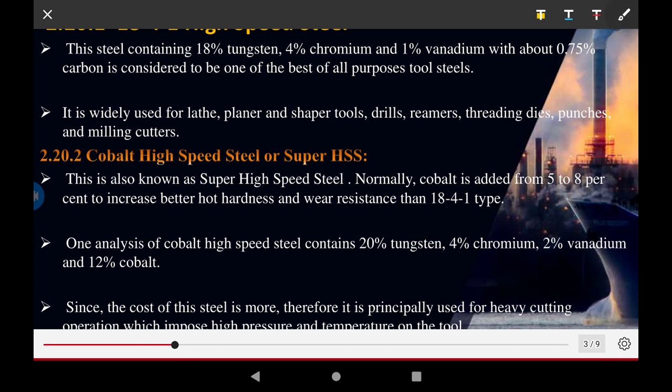18-4-1 high speed steel. This steel contains 18% tungsten, 4% chromium, 1% vanadium with about 0.75% carbon. It is considered to be one of the best all purpose tool steels.